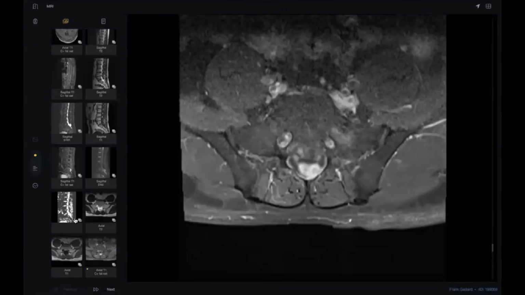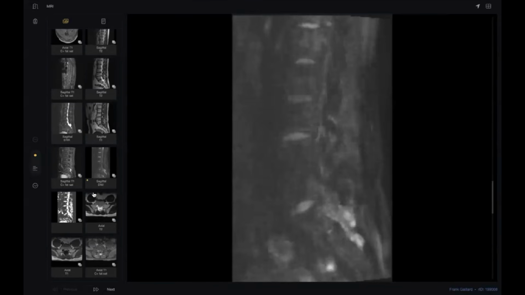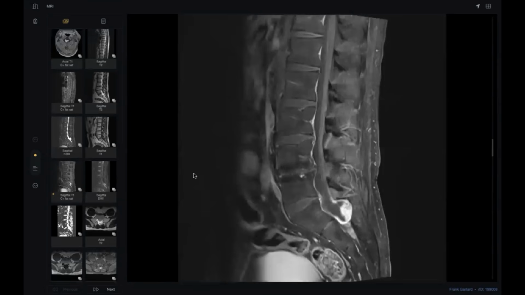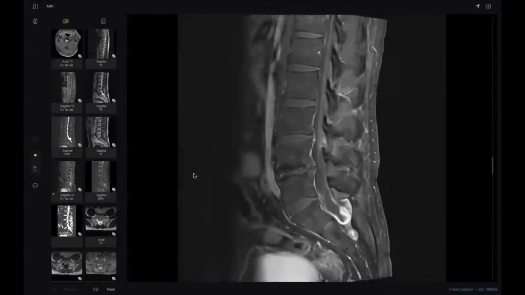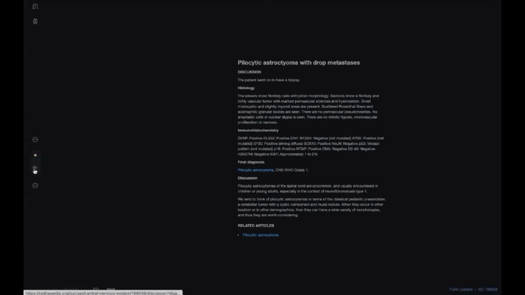What is the name of this metastasis? It's not typical for the spinal cord. I'm not talking about the sign. What is the name of the metastasis here? Drop metastasis. Okay.